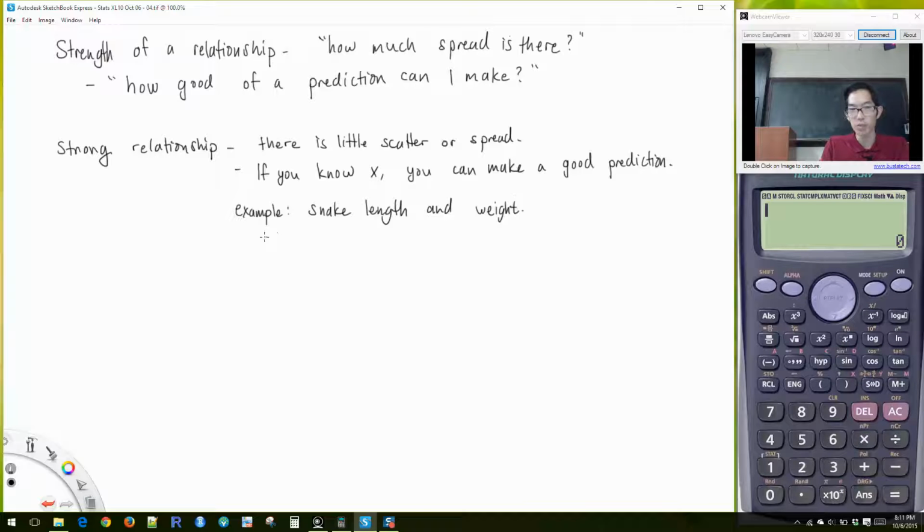The idea being, if we know the length of a snake, we can probably make a pretty accurate prediction of its weight.